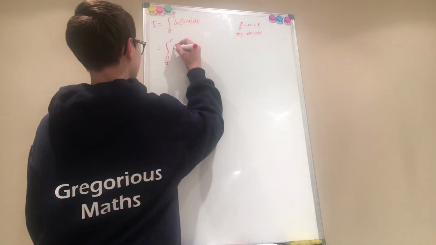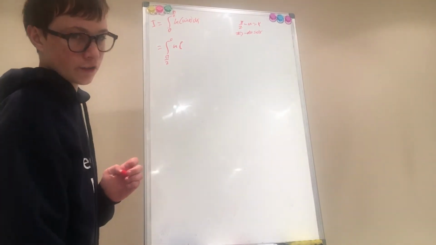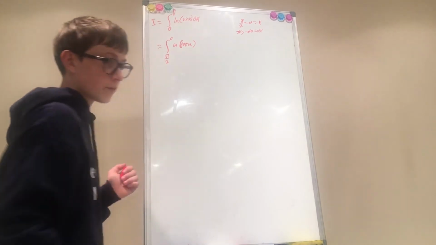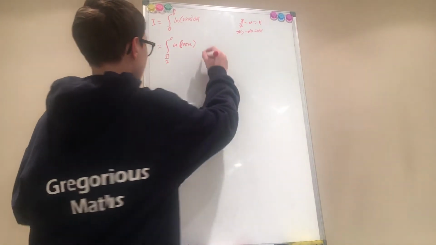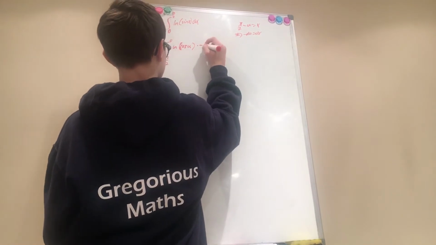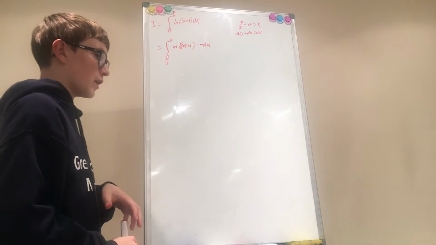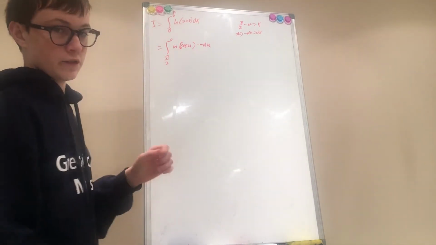Of ln of sine of pi over 2 minus u is cosine of u. That's one of the reasons it's called cosine, because, you know, complementary angles, times negative du.